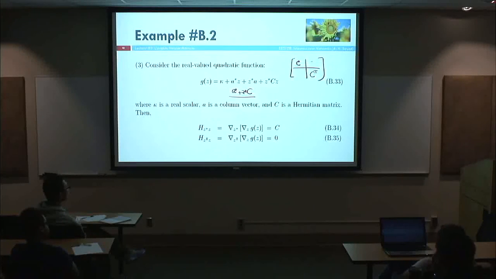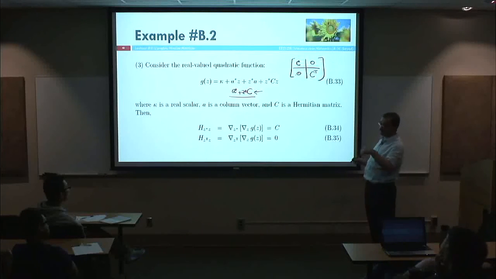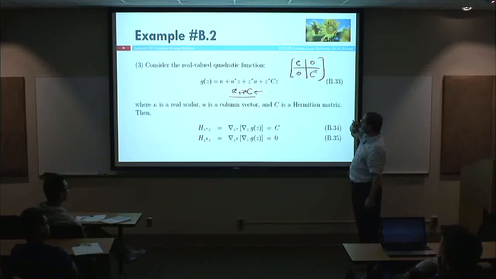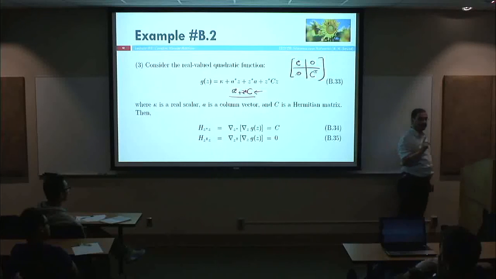Here, you compute relative to z and then relative to z transpose, right? If you do that here, for example, this is relative to z. And what is the gradient relative to z transpose? You'll get 0, because z and z star, okay? So in this example, you will get 0. The important thing that I need you to remember from this example for later use is that the Hessian matrix of the quadratic cost function is block diagonal of size 2m by 2m. It was 2c there in the real case. Here it is c transpose, okay?